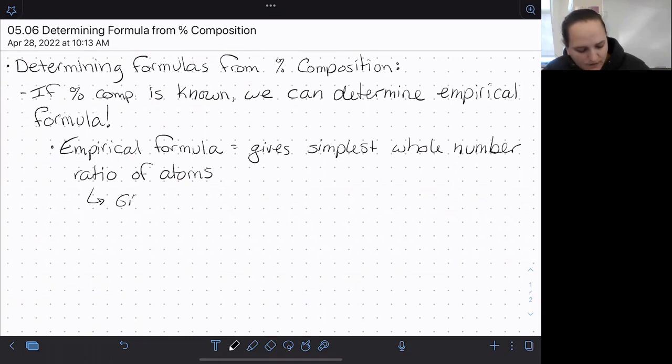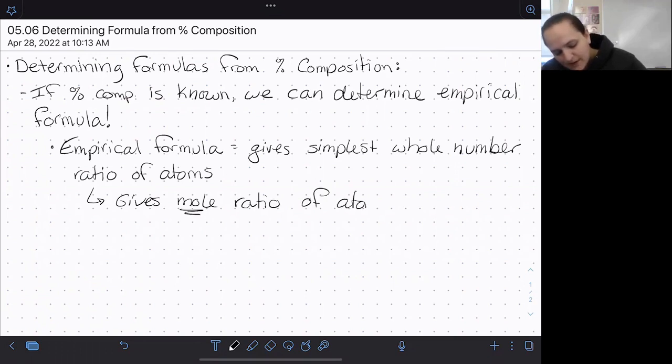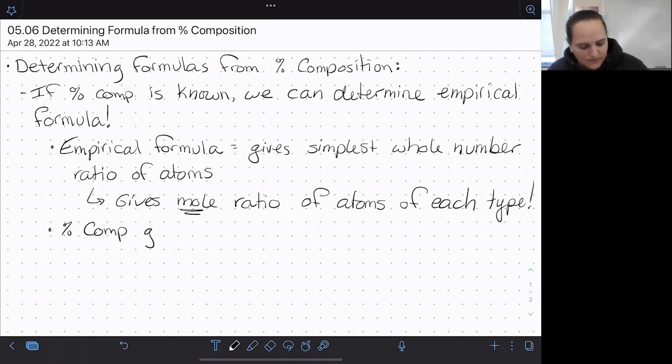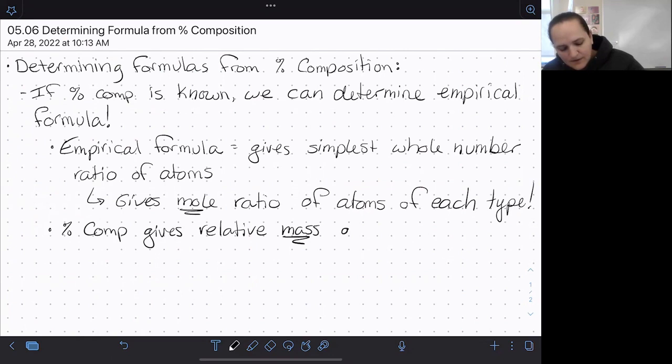So this is really giving us the mole ratio of atoms of each type. What percent composition gives is the relative masses of each element.